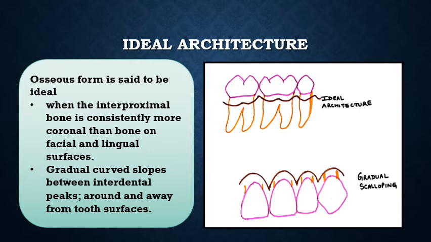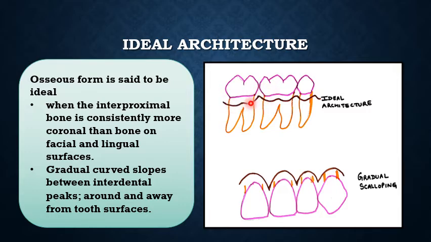Osseous form is said to be ideal when the interproximal bone, if we see, this is the interproximal bone, this one, and this is the radicular bone.